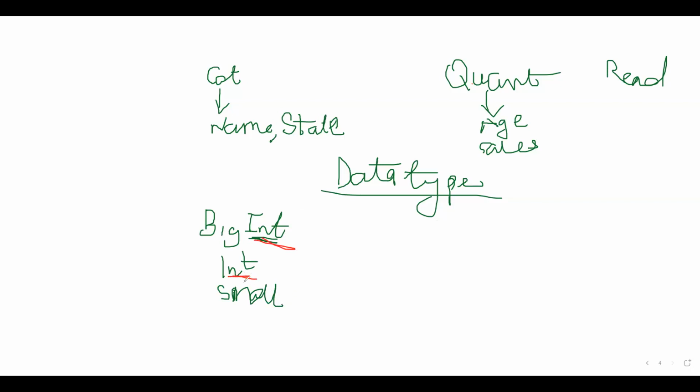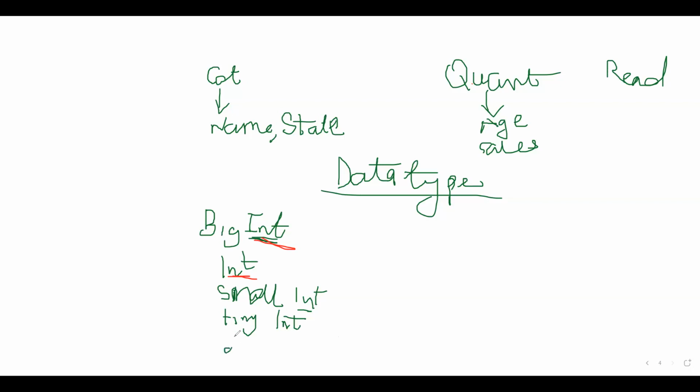Forget about whether it is small or big. Put your attention on int. But you need to know that such a thing exists so that you don't go there. We also have tiny ints. So fix your mind on int. So far, I have only said one data type, which is int, integers.